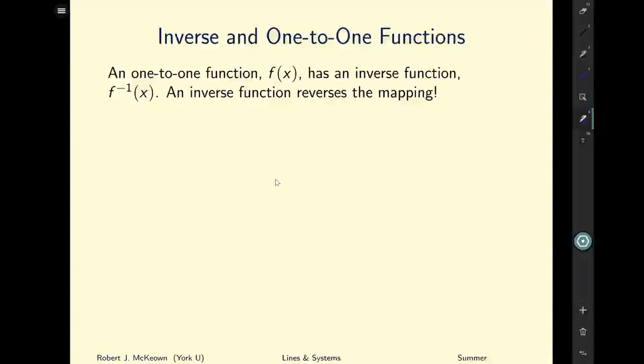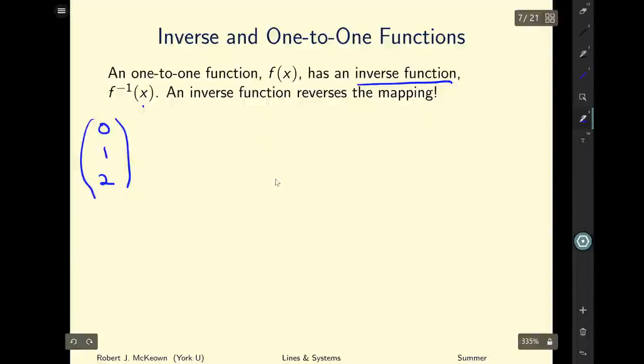One-to-one functions are important because every one-to-one function has an inverse function. So let's consider another one-to-one function. I'll have 0, 1, and 2 in my domain. And this time I'll just say let the function be equal to 2x.